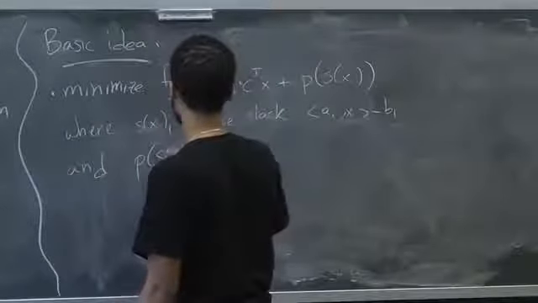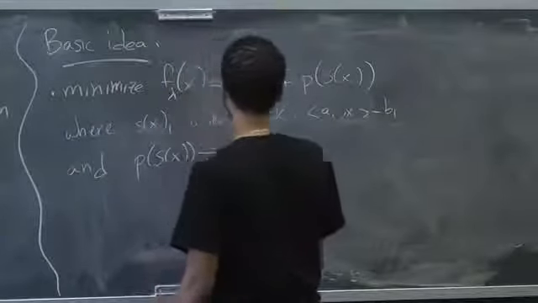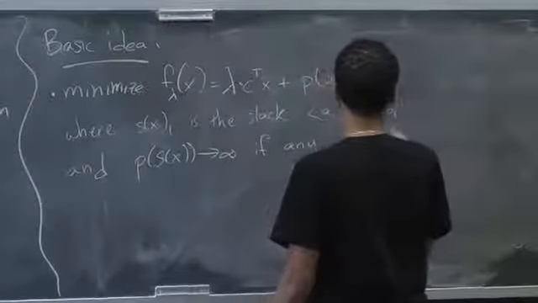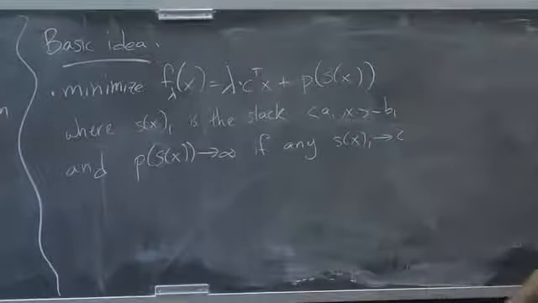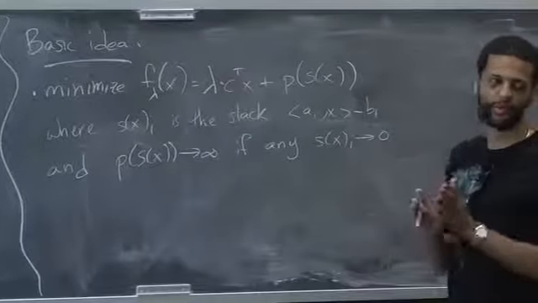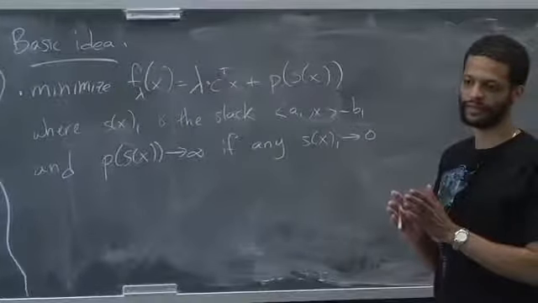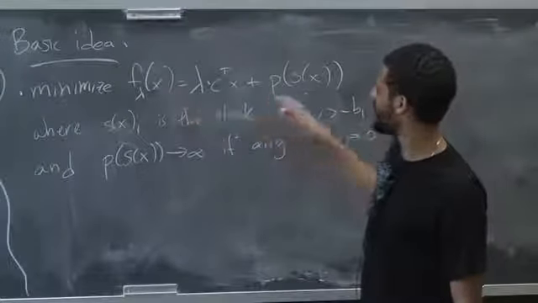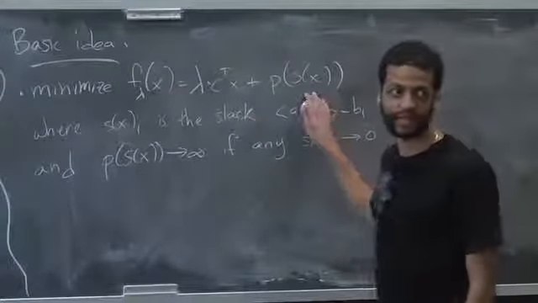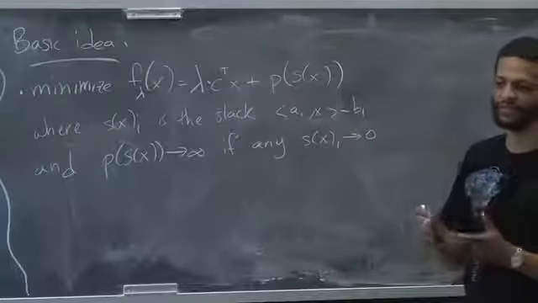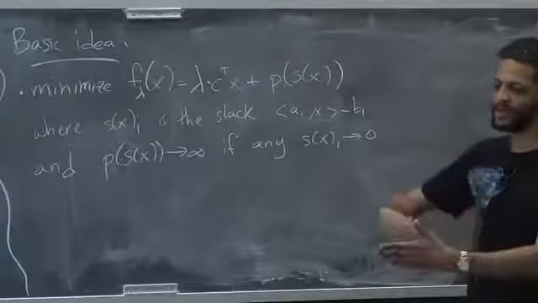P of s(x) goes to infinity if any s(x)_i goes to 0. If any of the s(x)_i's are 0, that means you're right up on the boundary of the feasible region. This P is called a barrier function because it's a barrier preventing you from getting too close to the boundary.